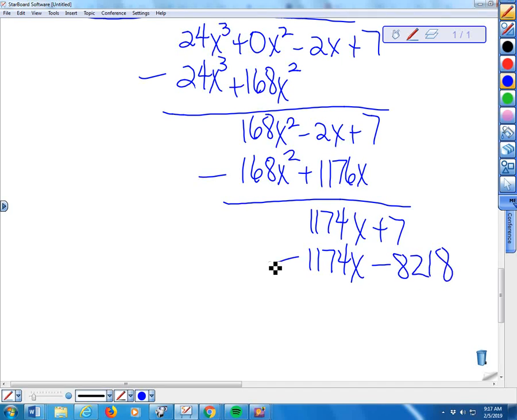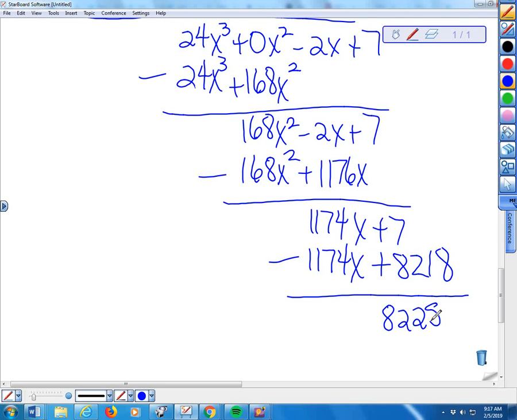Change the signs. Obviously the remainder is not 0. The remainder is 8,220. But it goes through the process for you. So I know x minus 7 is not a factor. 7 is not a solution of this polynomial.